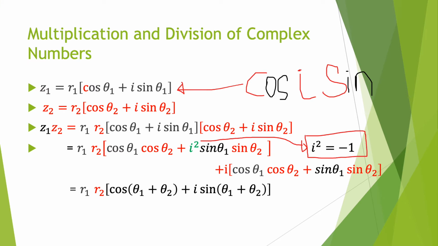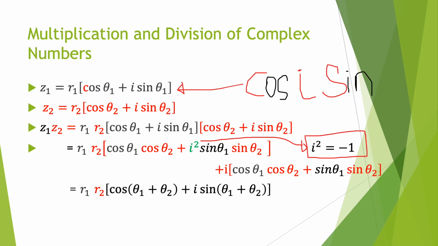Multiplication and division of complex numbers. We are given two complex numbers, z1 equal to r1 multiplied by cis theta 1, and z2 equal to r2 multiplied by cis theta 2. Now we are going to multiply the two complex numbers, z1 multiplied by z2.